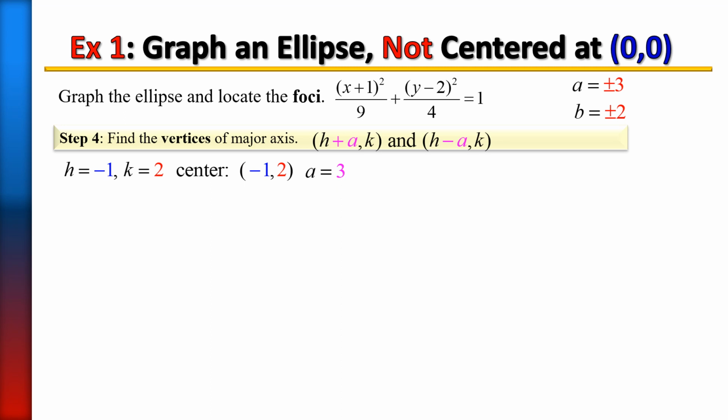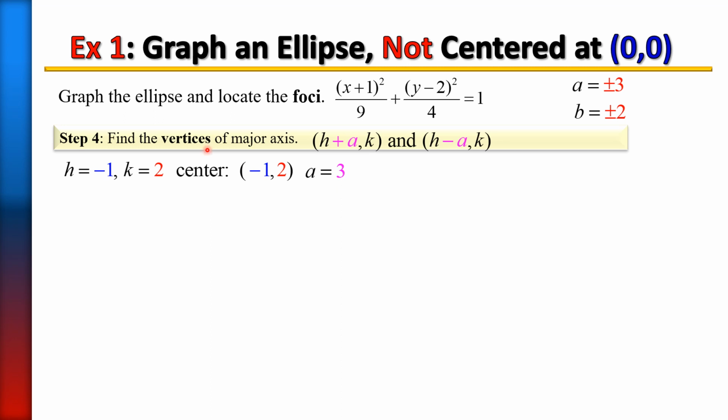In other words, I'll have -1 plus 3 and then -1 minus 3. Those will be my two new x values. Now your y values will remain the same. For my center, my y value is 2. When we're done, the y values will still be 2.